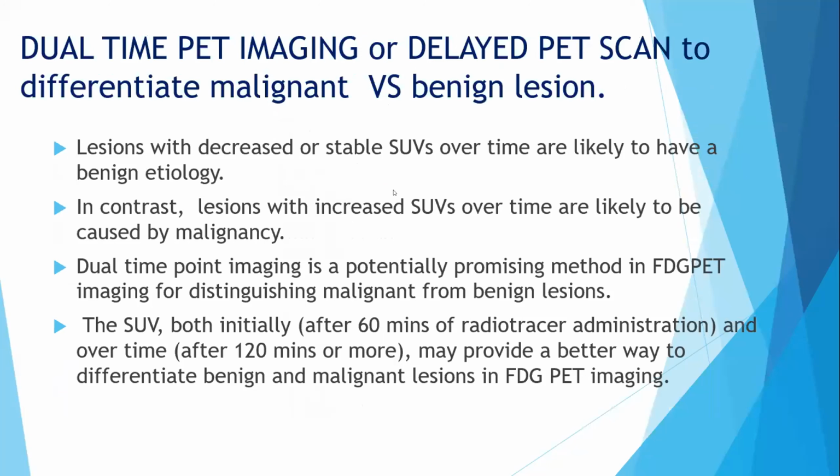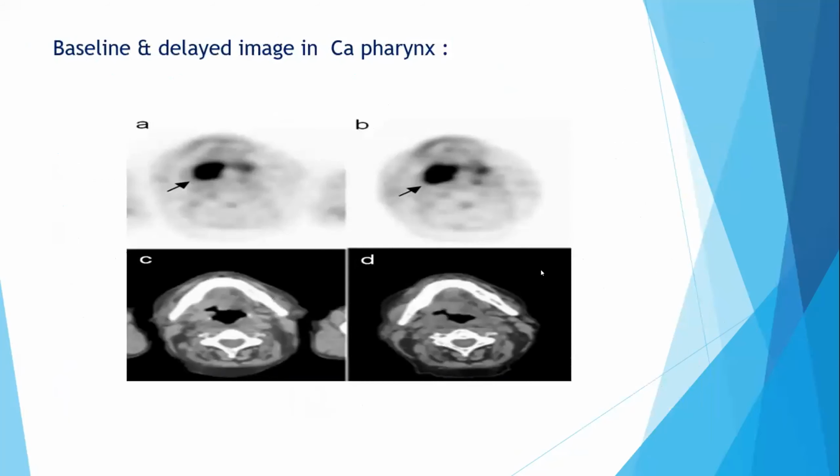Dual time PET imaging is very important to differentiate between malignant and benign lesions. If there is interval progression from baseline on the delayed scan after 2 hours, with intense FDG uptake, it favors a malignant lesion.